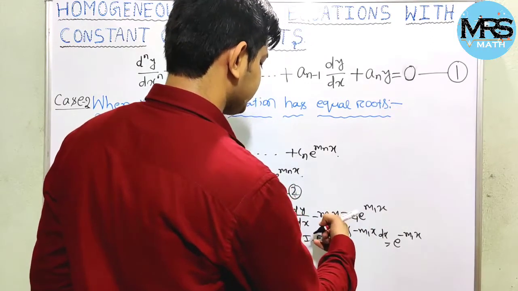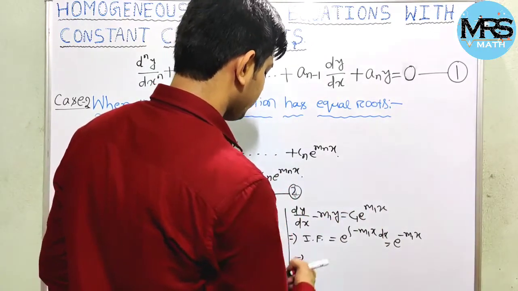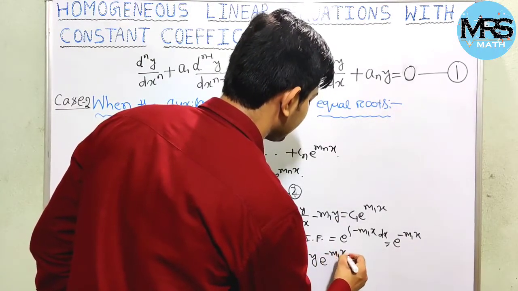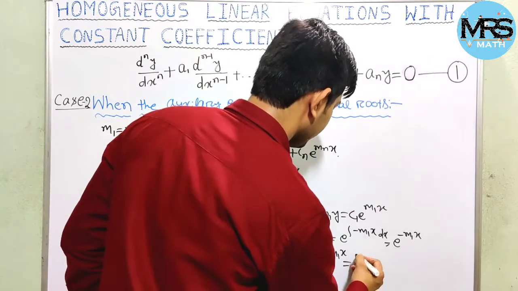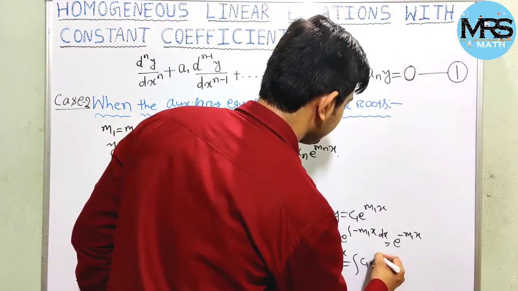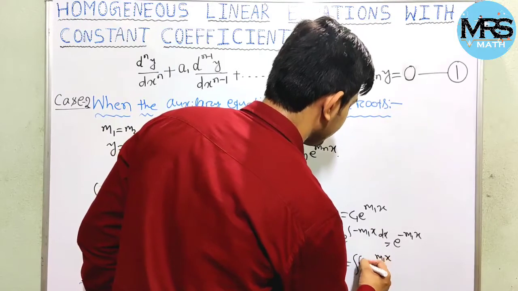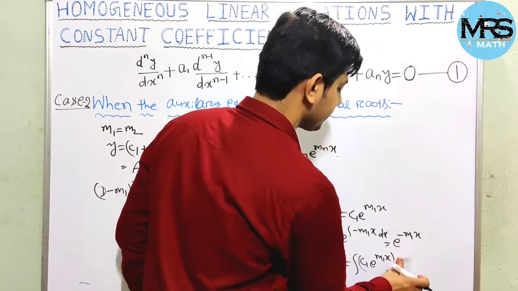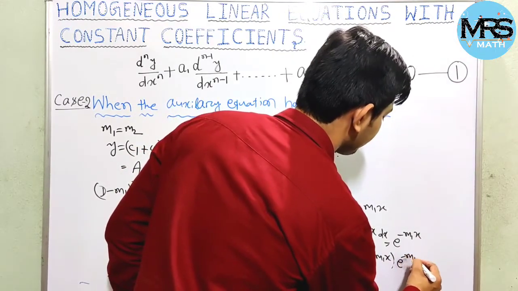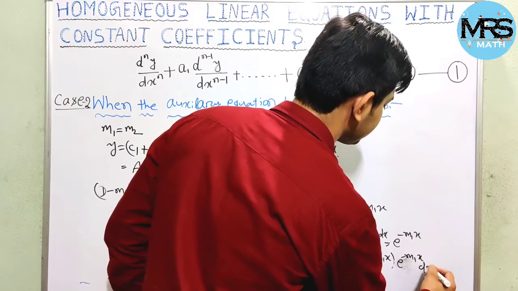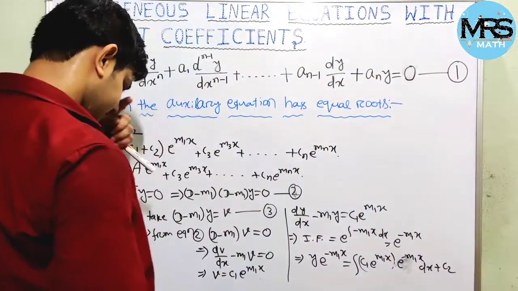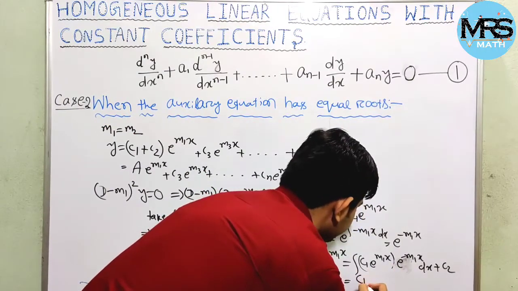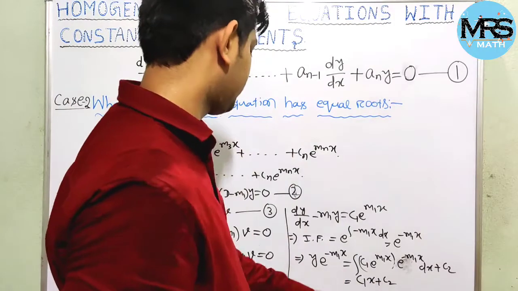If we multiply this in this linear equation, you will get y into e to the power minus m1x, which is equal to the integration of c1 e to the power m1x plus c2 e to the power m1x, into e to the power minus m1x dx plus c2, correct? So which is equal to the integral of c1 dx, that is c1x plus c2, correct?